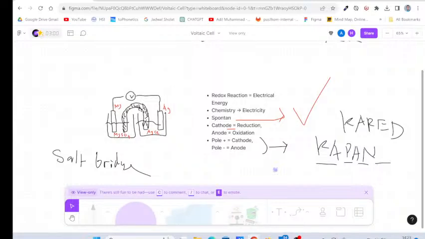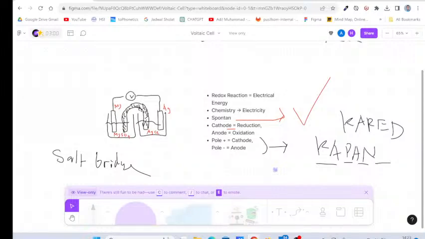That means the higher the voltage, the more it is reduced. It is presented by the red arrow as a stronger oxidation agent.